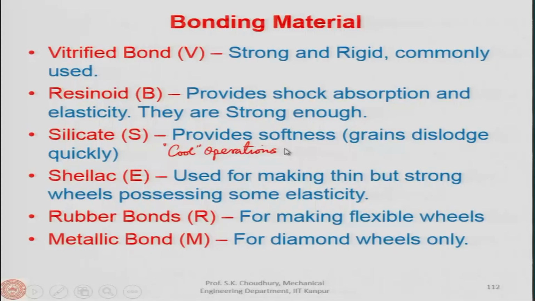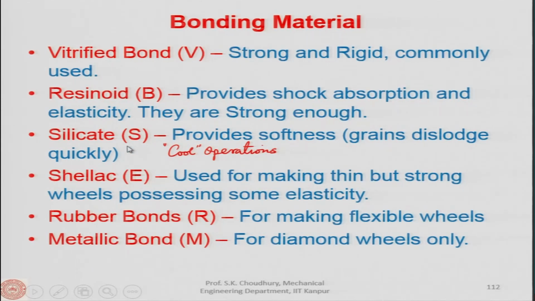In that case, the silicate is very popularly used because it always allows the dislodging of the grains quickly, and always the sharp grains will be available on the surface. So, there is a cool operation, and that can be performed by the silicate bonding material, where the heat generation will be relatively less.